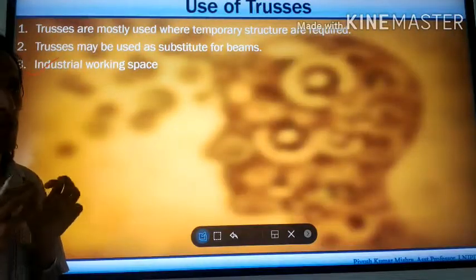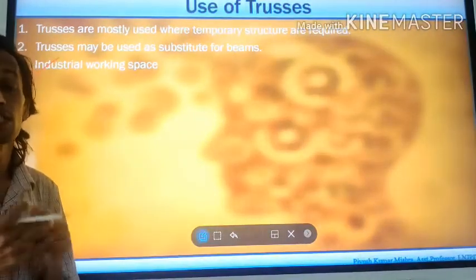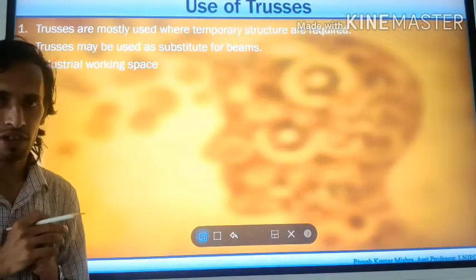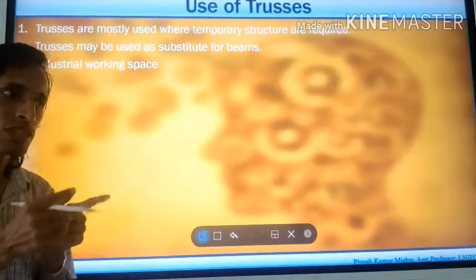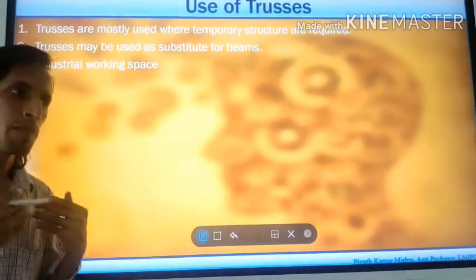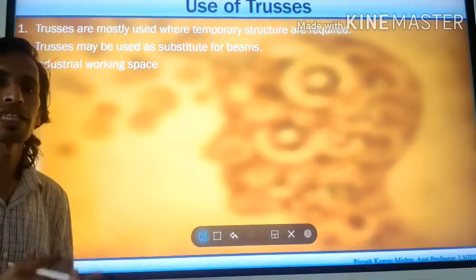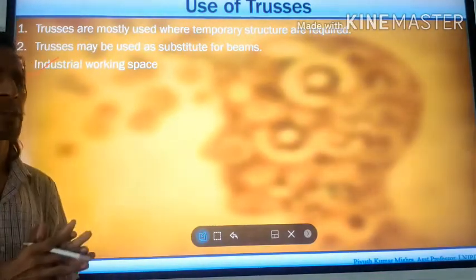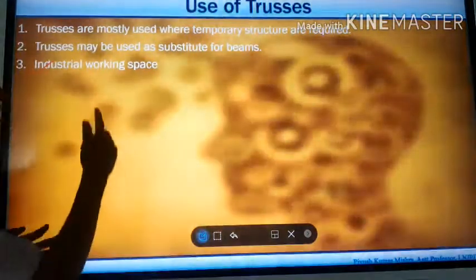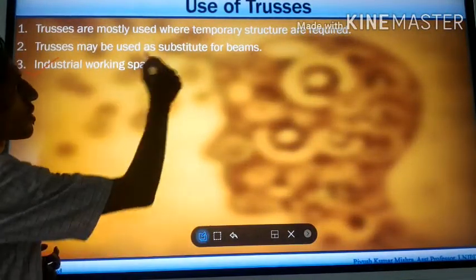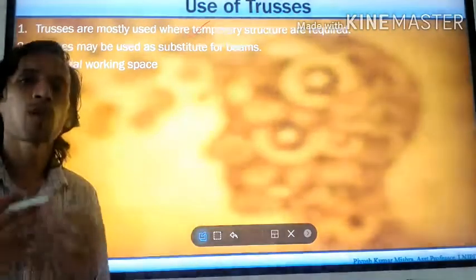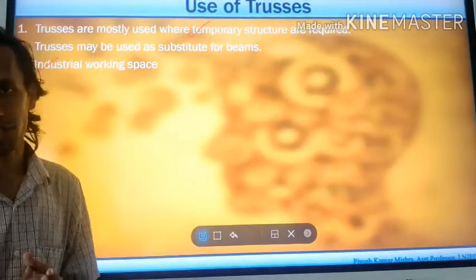Where will you live? There is no place for you, so you will make a temporary structure. In those temporary structures, trusses can be used, and mostly people use them in those kinds of situations. There can be multiple situations where you can use them. So trusses are very much useful when you want to make temporary structures.